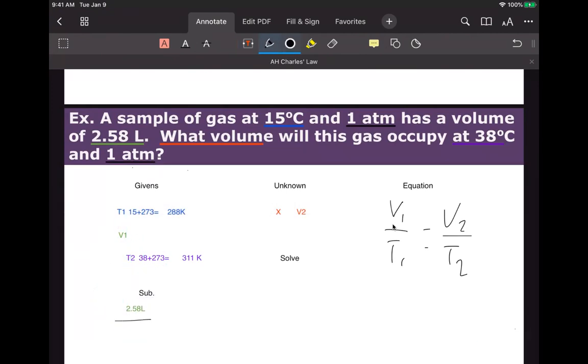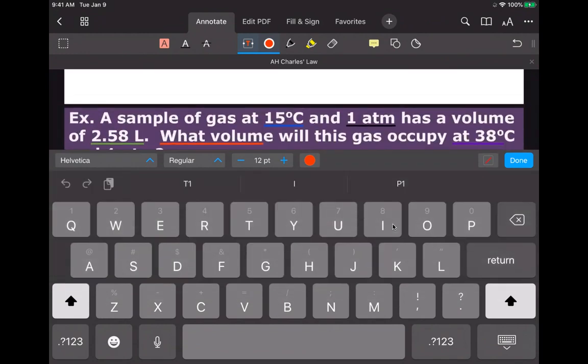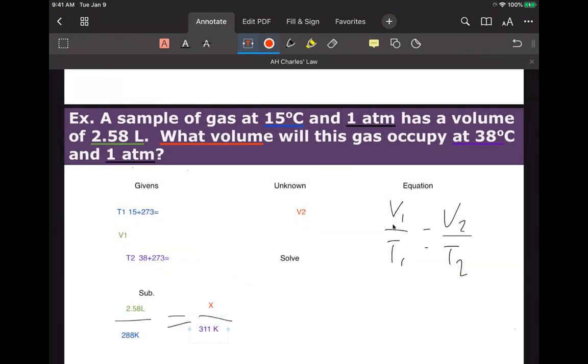That is over our T1, which in this case is 288 Kelvin, equals V2. We don't know our V2, so that's X over our T2, which is 311 Kelvin.